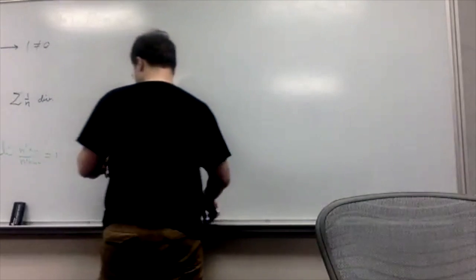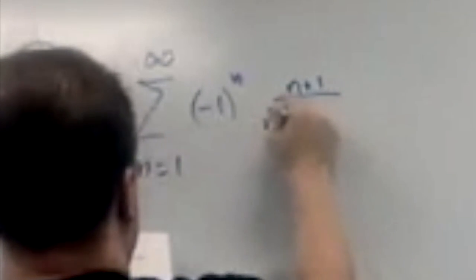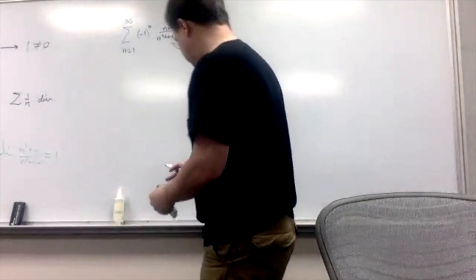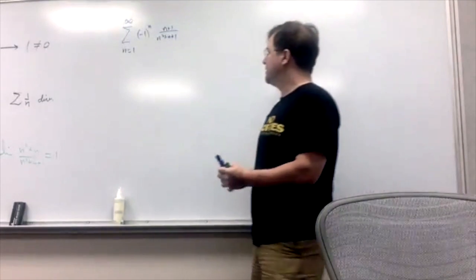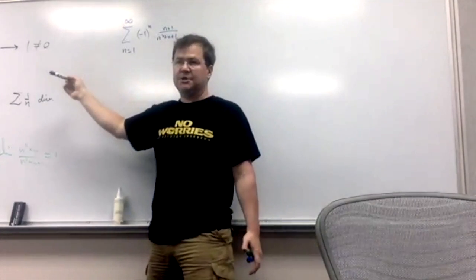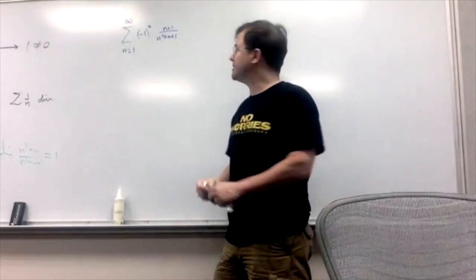Also, the next one looks almost identical to the last one that I wrote, only difference being that it's alternating. Now, we have an alternating series test which says that if these terms go to zero, in general I can't say it converges, but if it's an alternating series with those things going to zero, then yeah, it converges.